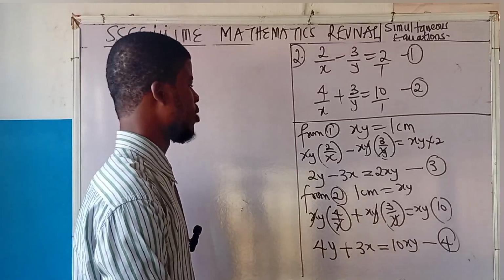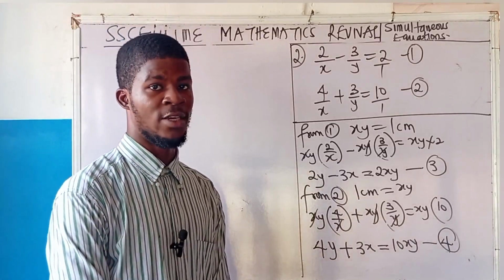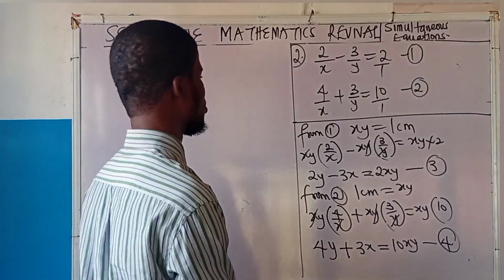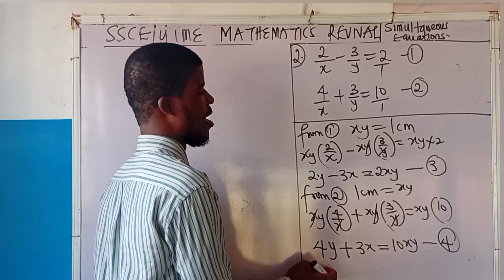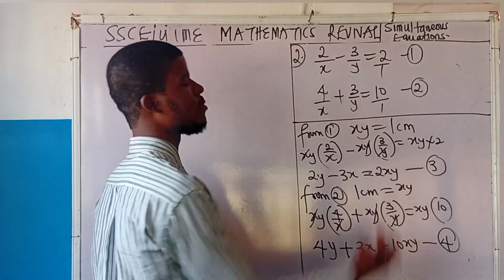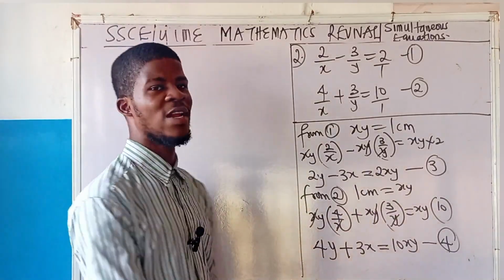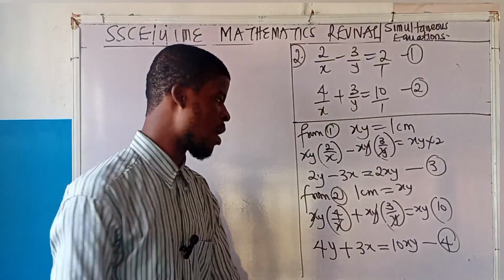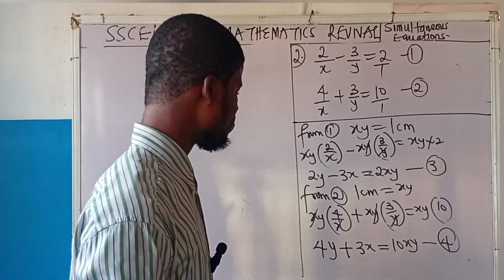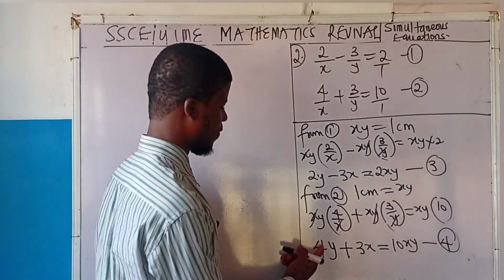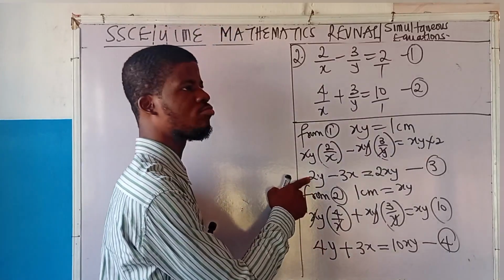Now I'm working with equations 3 and 4. The equations look a little bit complicated, but the reason is that I don't just have x and y, I have terms in xy. So how do I deal with it? Let's see what happens. This is 4, this is 2.